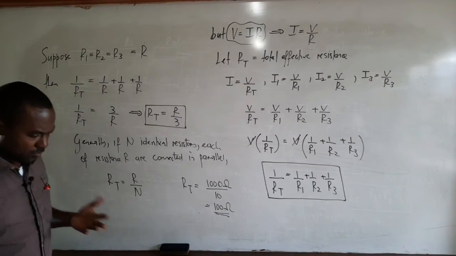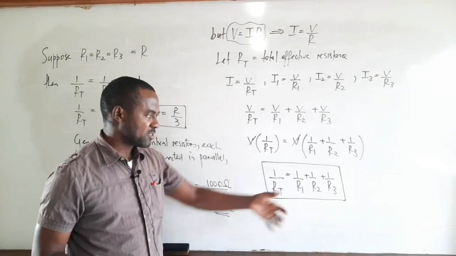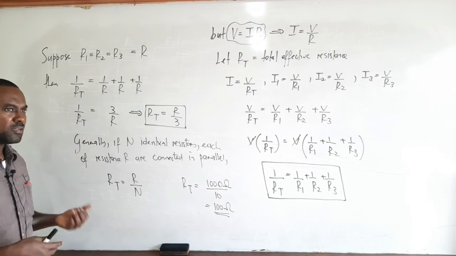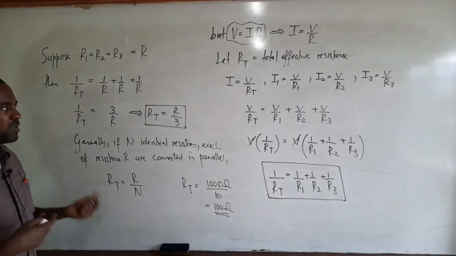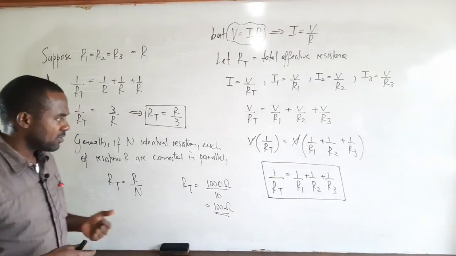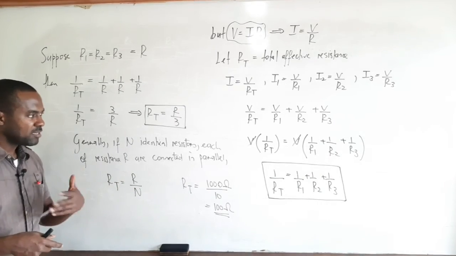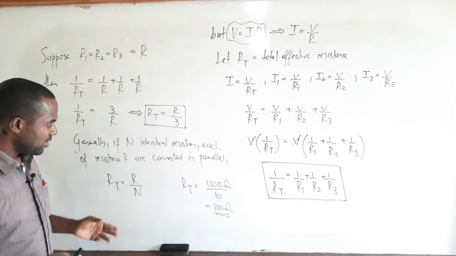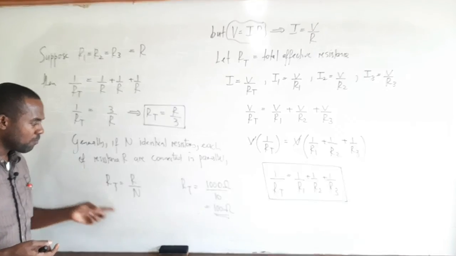So what we've done is derive the expression for the total effective resistance of 3 resistors R1, R2, R3 connected in parallel, and we've shown how that expression changes if these resistors are identical. If you have n identical resistors, each of resistance R, connected in parallel, the total effective resistance RT is equal to the value of one resistor divided by the number of resistors.